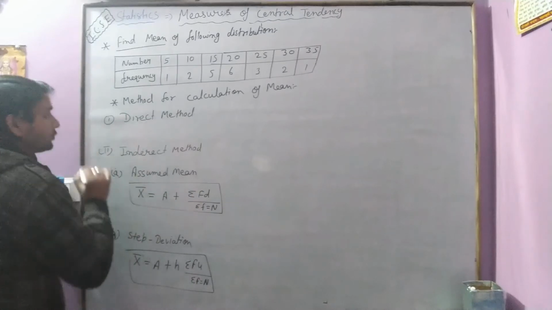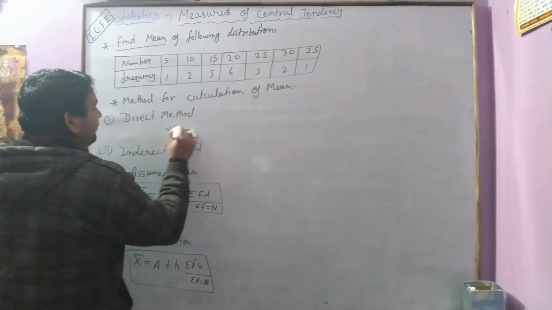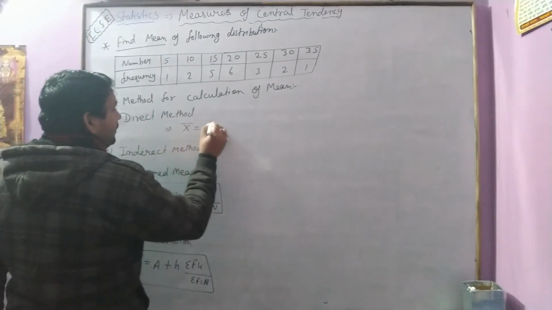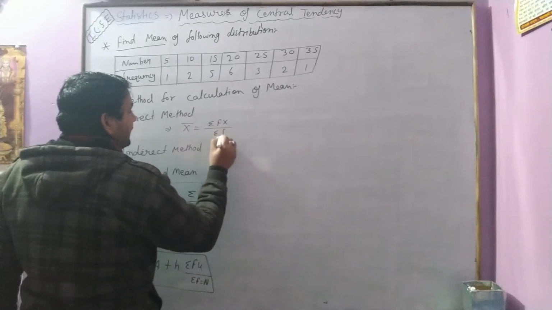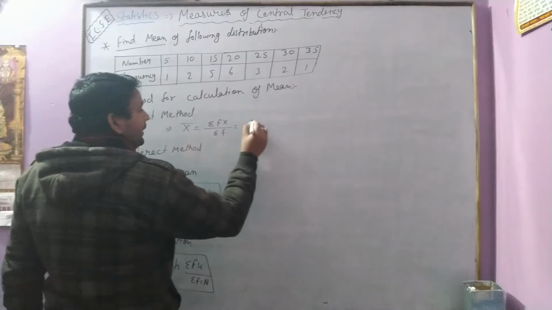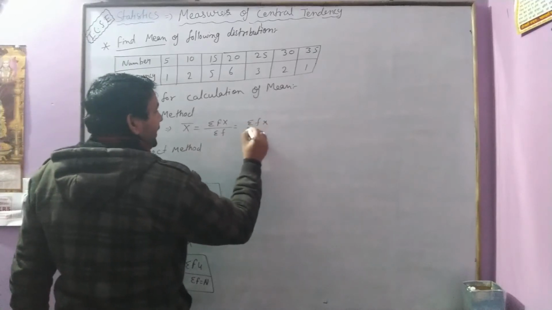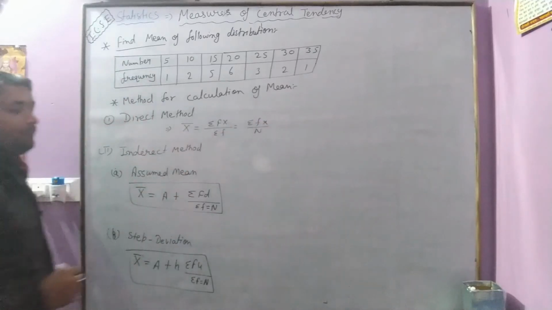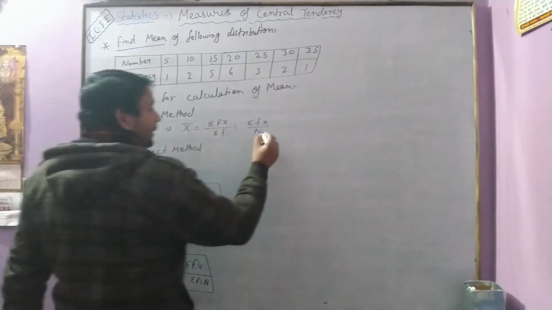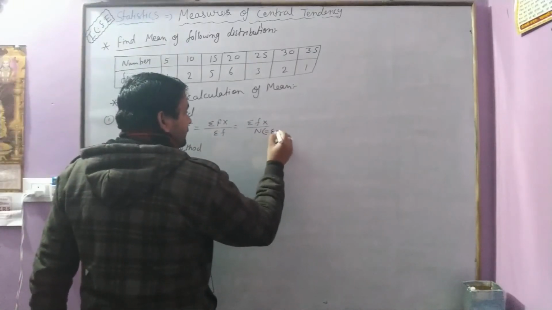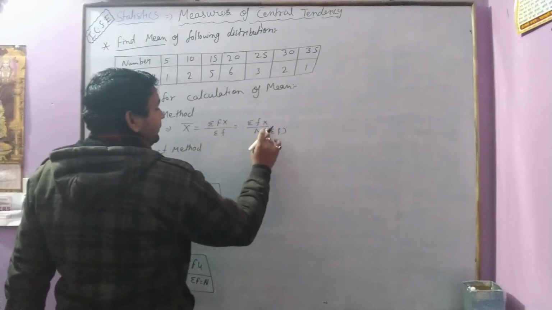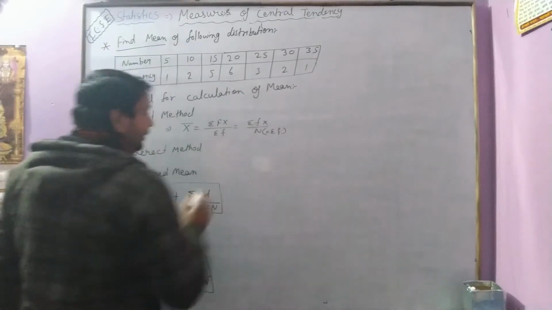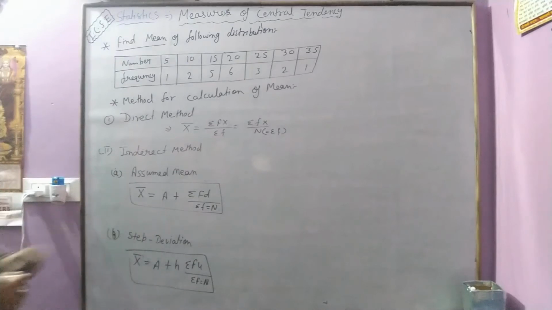of these two. And direct method is very simple. Mean is equal to summation fx upon summation f, and it can also be written as summation fx upon capital N, where n is sum of f, sum of frequency. Okay, now what is a here?